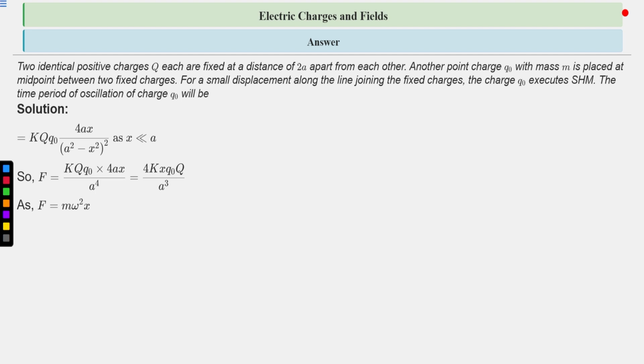Now for simple harmonic motion, we know that force should be proportional to the negative of displacement, or the external force should be proportional to the displacement. So for simple harmonic motion, this relation holds: F equal to m omega square x.